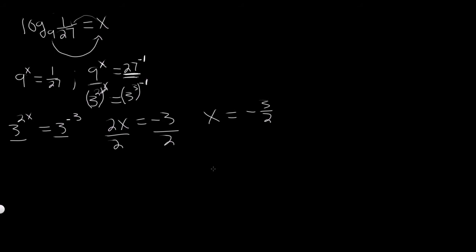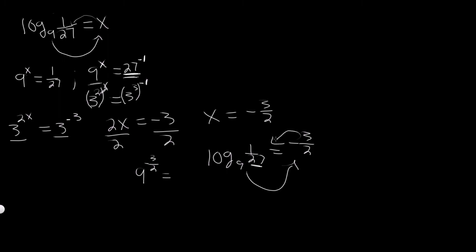Or if we want to write it in logarithmic form, we can write log base 9 of 1 over 27 is equal to negative 3 halves. Or in exponential form, 9 to the negative 3 halves is equal to 1 over 27.